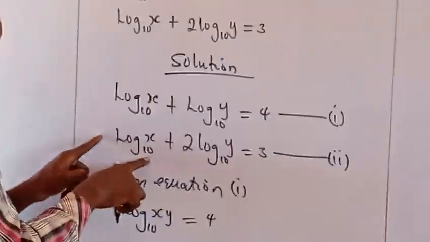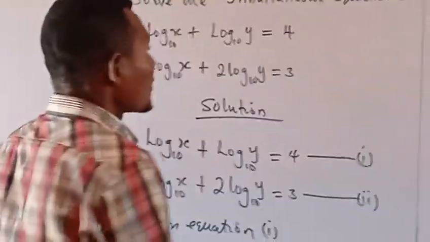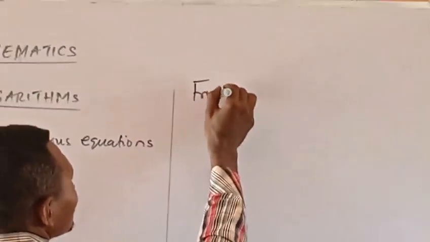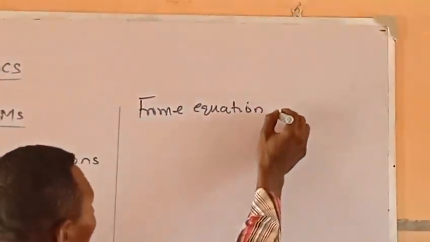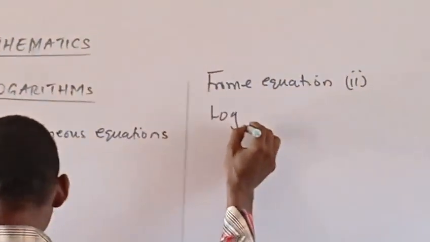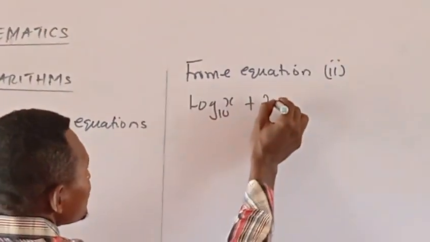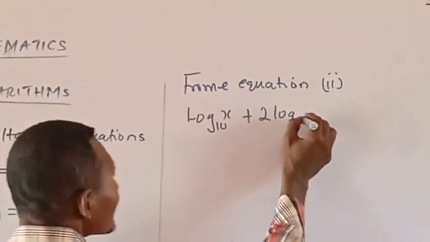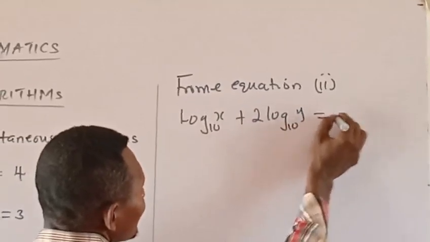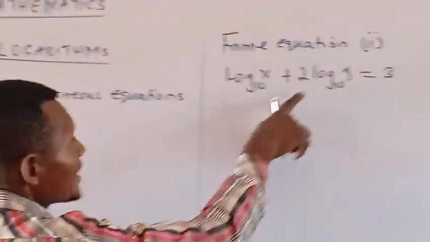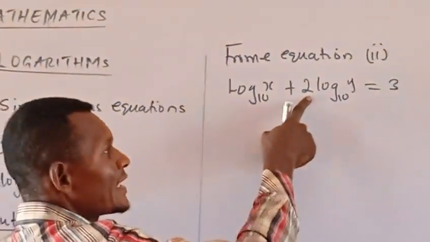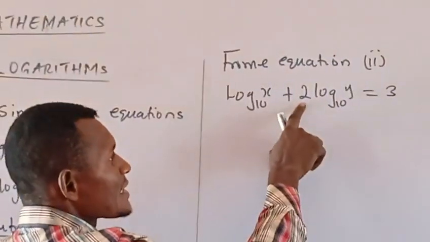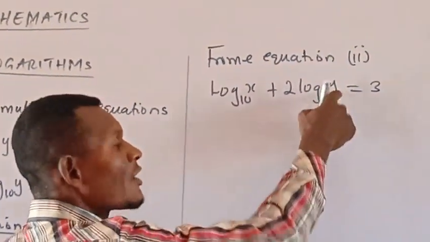Now we are going to pick equation 2 and simplify it again. So from equation 2, we have log x to the base 10 plus 2 log y to the base 10 is equal to 3. So we apply the law here. One of the laws, if we have 2, a number multiplying the log of a number, it means that this 2 can go as the square of the logarithm.